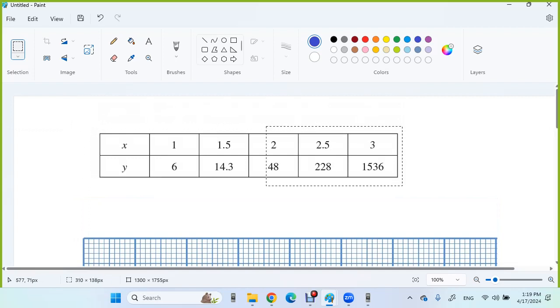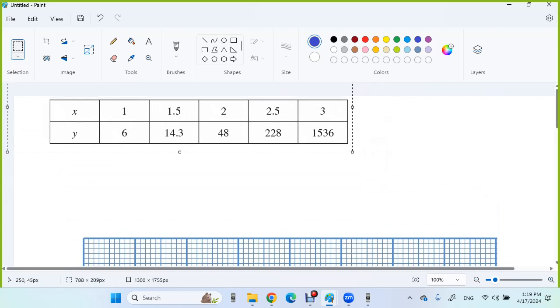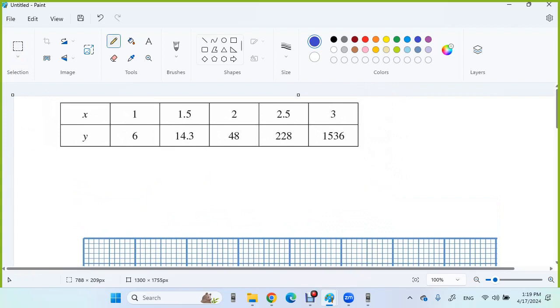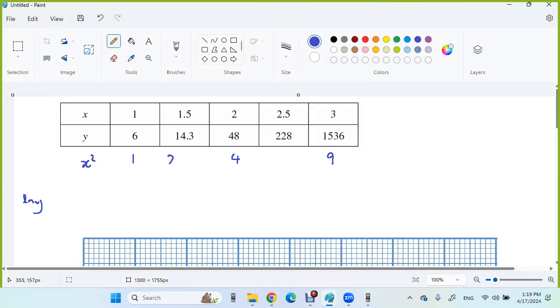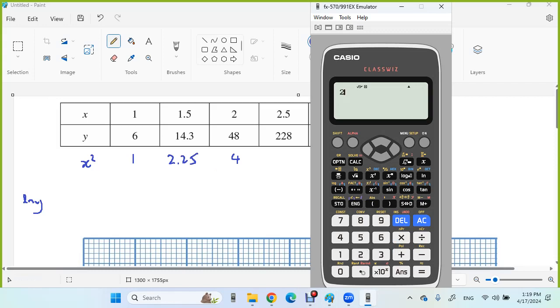So we use the calculator. Then we have x² and ln y. 1 squared is 1, 2 squared is 4, 3 squared is 9, then 1.5 squared is 2.25, and 2.5 squared will be 6.25.